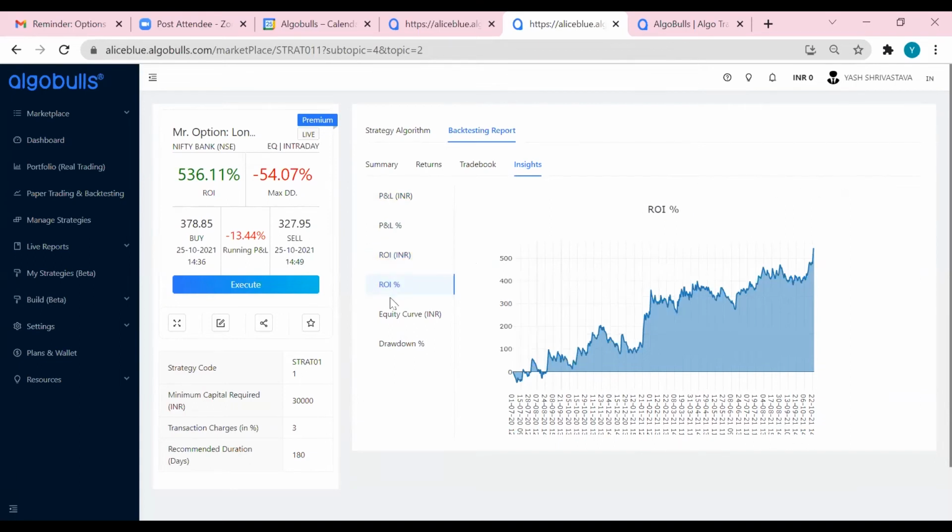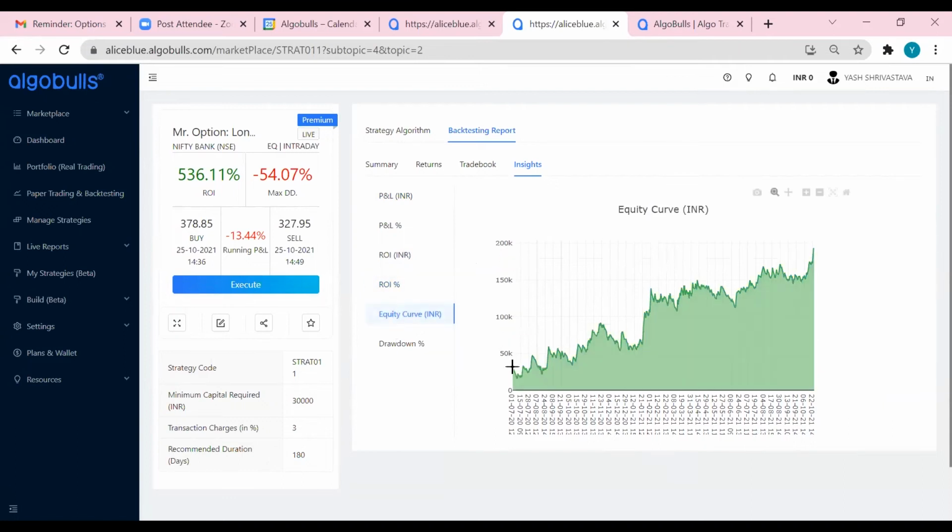You could see what's the ROI in percentage the strategy has been giving, what's the equity curve of this. So it started with 30,000 rupees. It eventually faced a few downfalls over here, but later on the strategy has been moving up and eventually touching 1,93,000 and beyond.